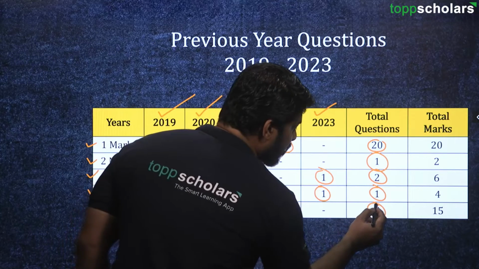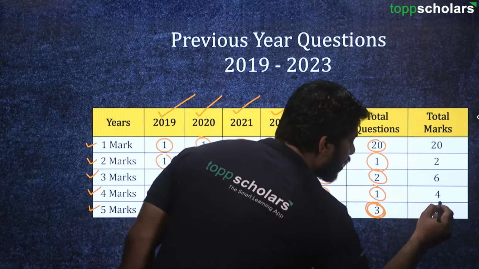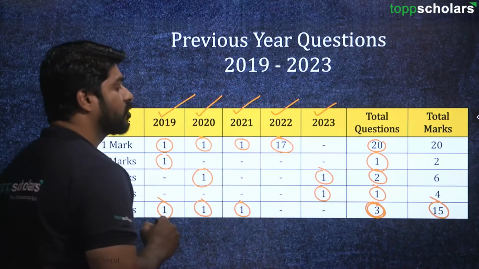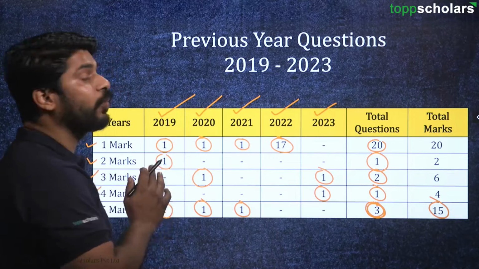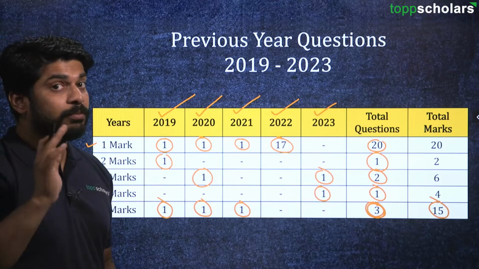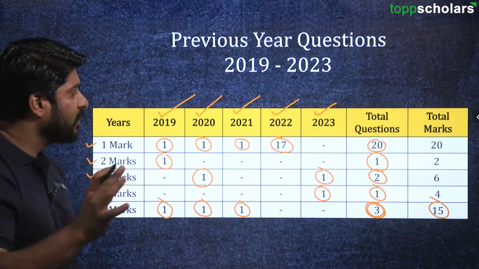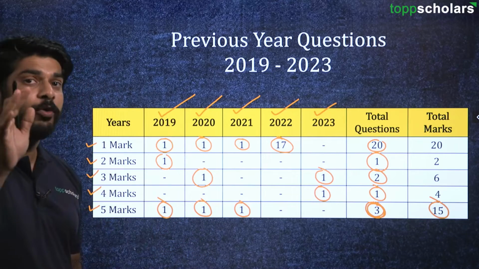So you can see that 3 questions have been asked for a total of 15 marks. That's why this chapter is quite important to us, because this might provide you a good number of marks. So this is the trend, and these are the numbers of questions that have been asked.